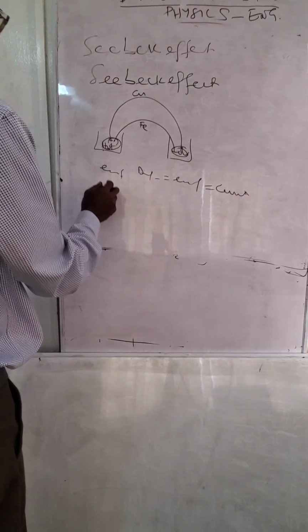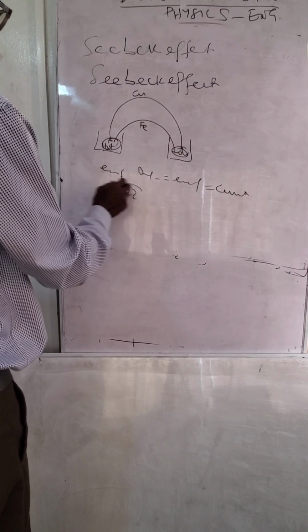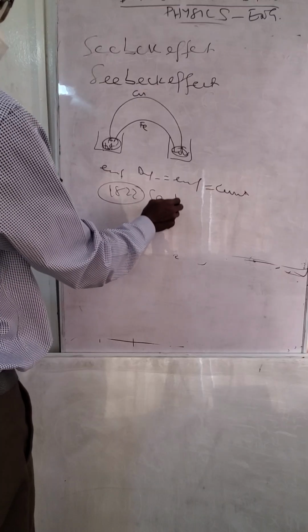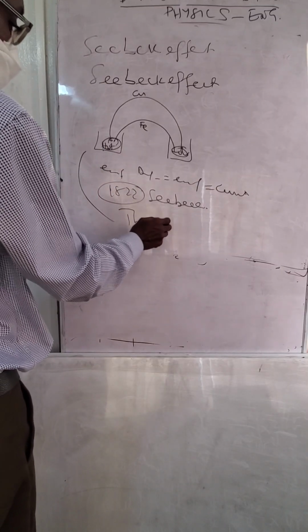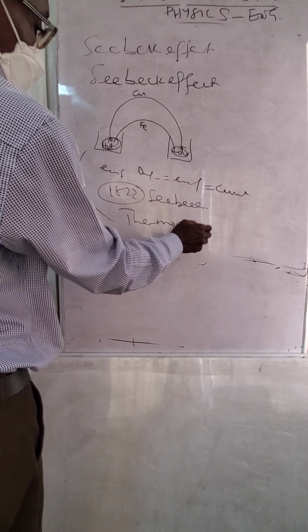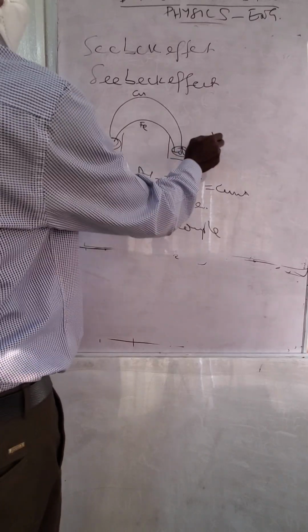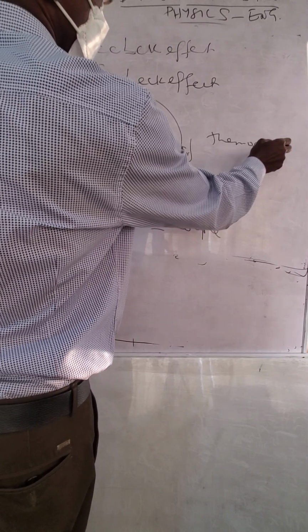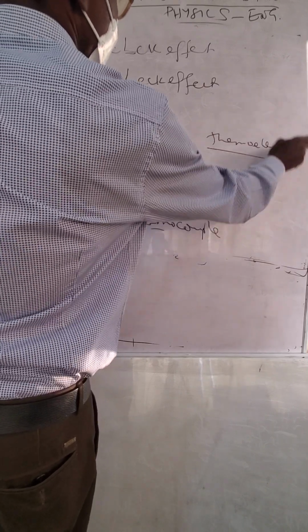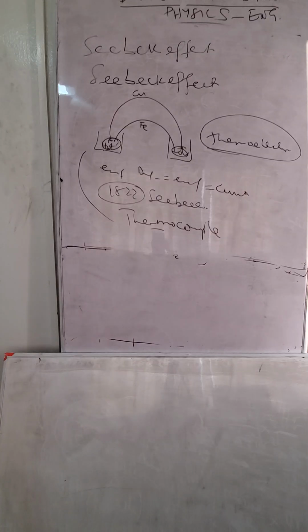Now, in 1822, that was what Seebeck discovered, and that is what we call the thermocouple. So the thermocouple is thermal electricity, that is, thermal heat generating electricity, right?